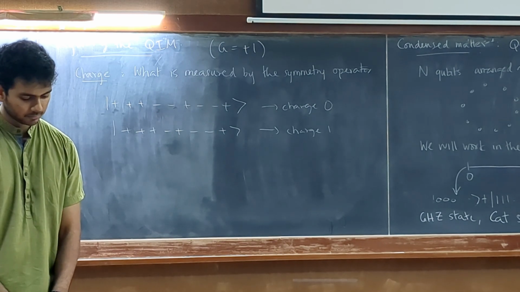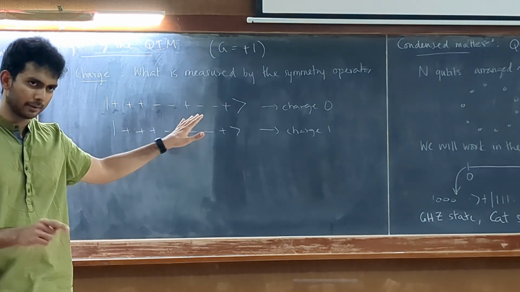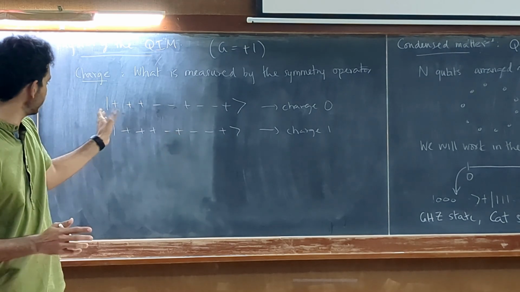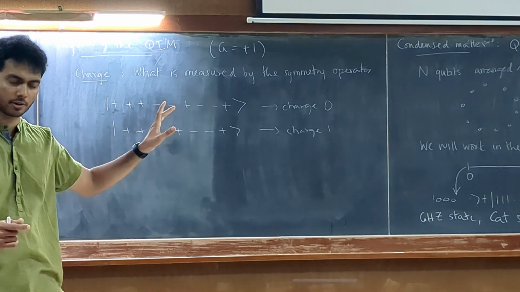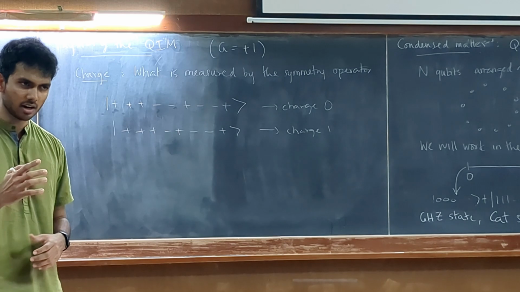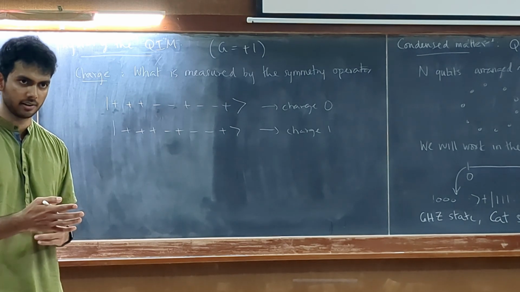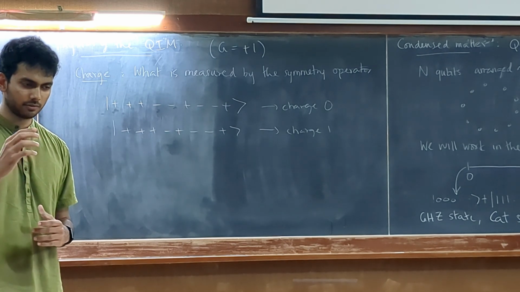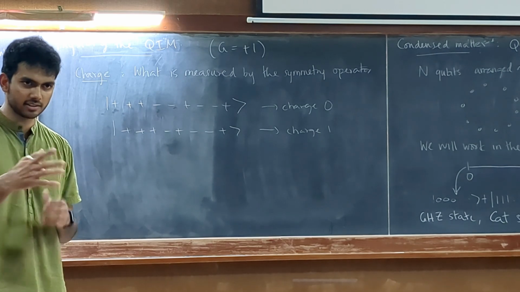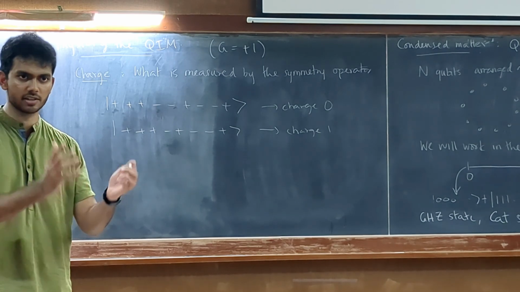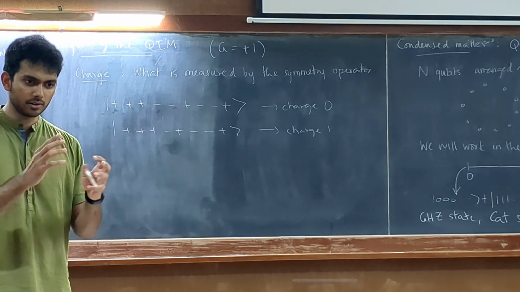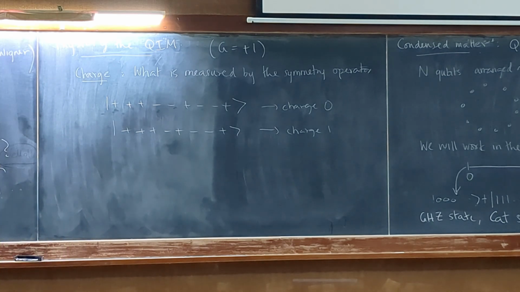So, in some sense, this is the right language because I've been a little sloppy when I said charge is what is measured by the symmetry operator. The technical term is charge is the operator that generates the symmetry. So, if you're familiar with it, the Hermitian operator generates a unitary operator, and you'll find that the Hermitian operator that generates the unitary operator G will have eigenvalue 0 or 1.